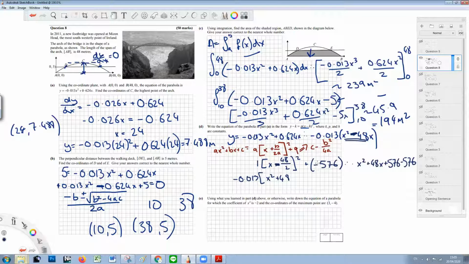And yeah, so that's correct. So we're going to have minus 48x, plus 576 minus 576. And this bit is going to become x minus 24 all squared.